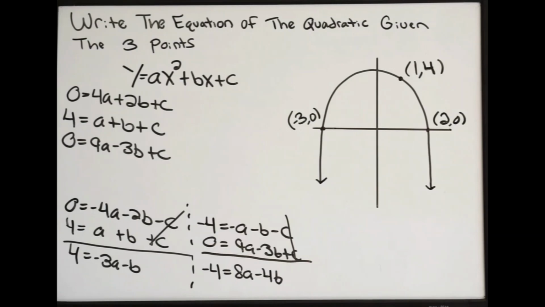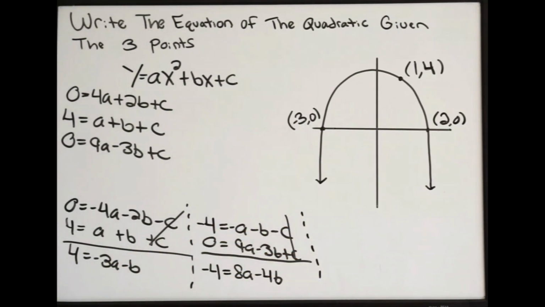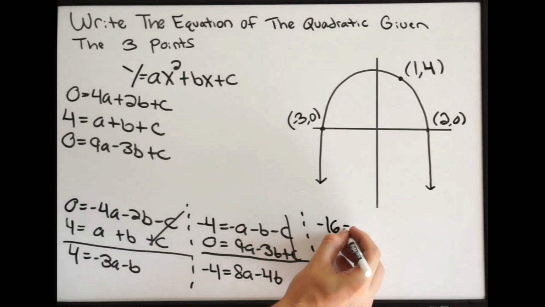So at this point we're going to eliminate another variable so then we can solve for one variable. So for example, pick which variable you want to eliminate here. Okay, it looks like if I multiply this equation by negative 4, the b's will cancel. So multiply this equation by negative 4, we're going to get negative 16.